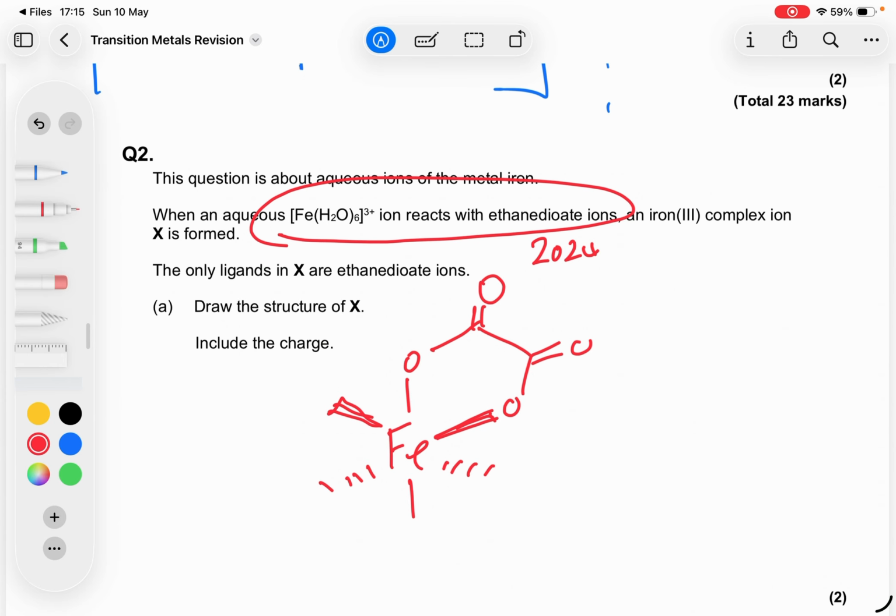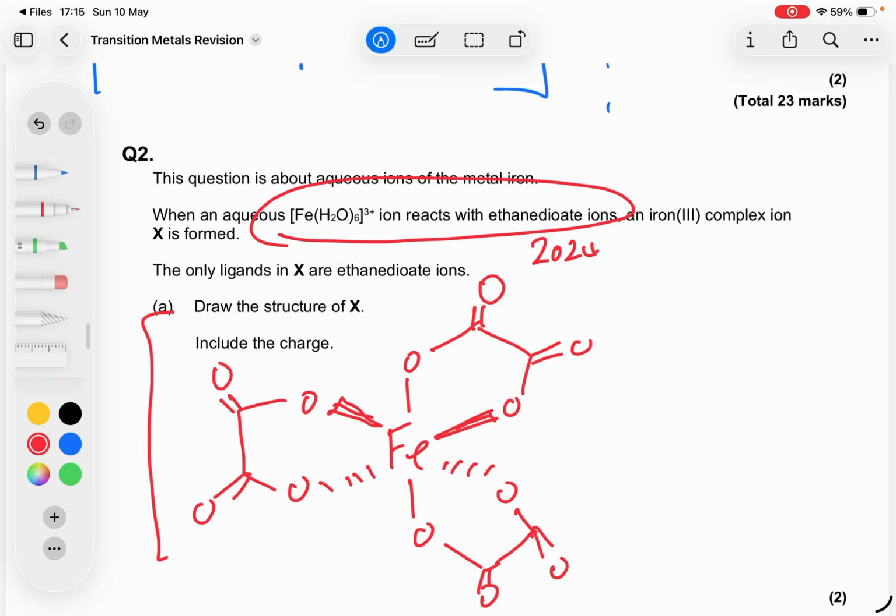The only difference is this time you've got 3 oxalates. Just pause the video, slow it down to watch what's going on, and don't forget the overall charge, 3 minus.